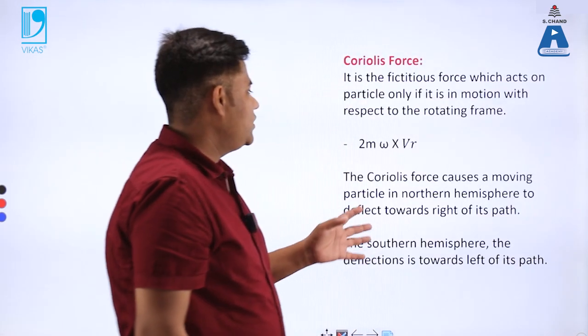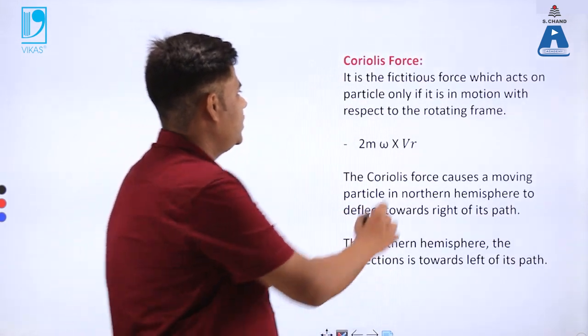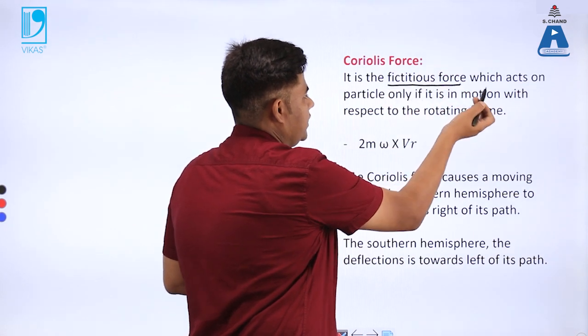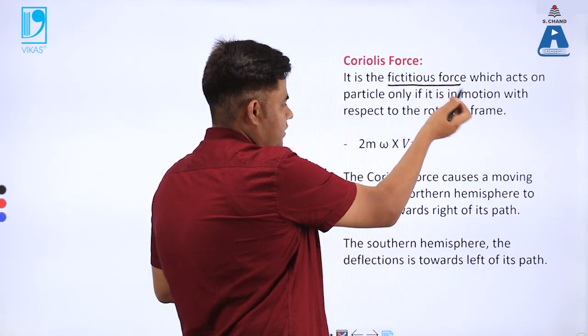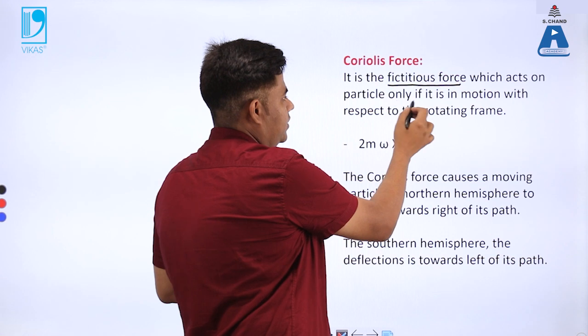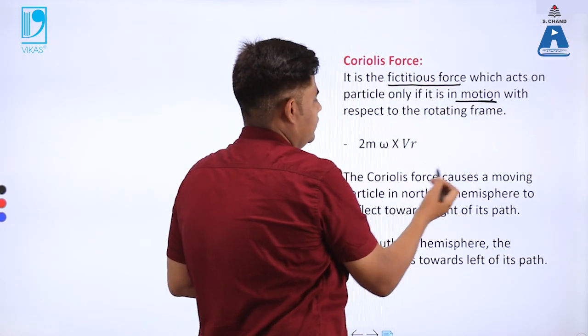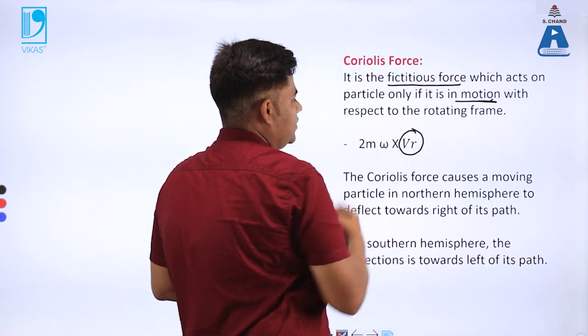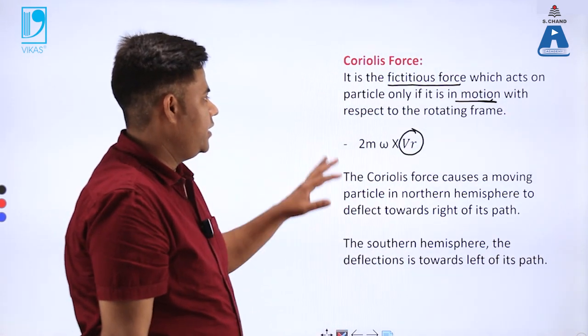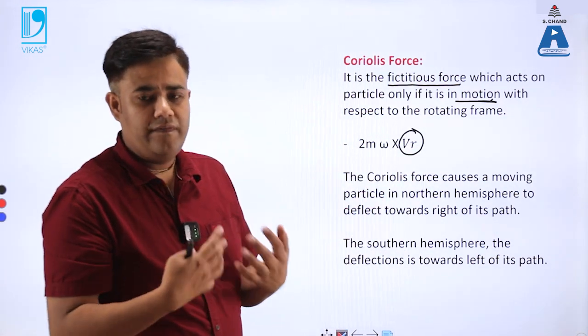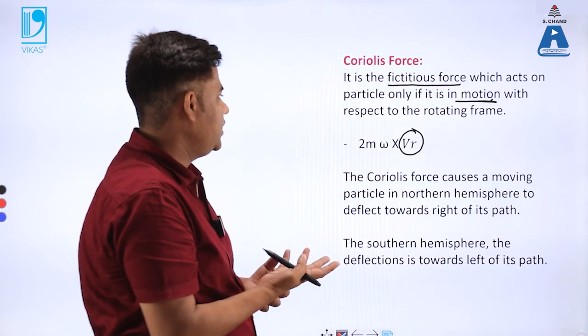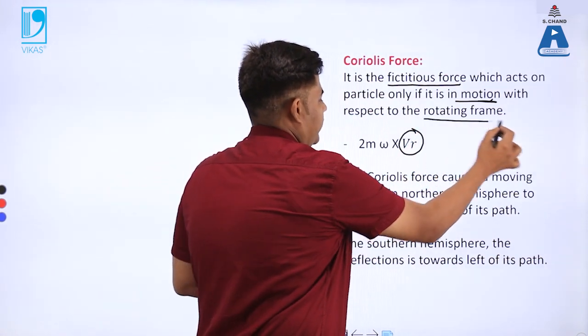Another is Coriolis force. That particular force is also termed as a fictitious force, which acts on the particle, and that force is only exerted when the particle is in motion. That means v_r is there in the equation. That means the particle would be having some velocity, and that velocity is with respect to the rotating frame here.